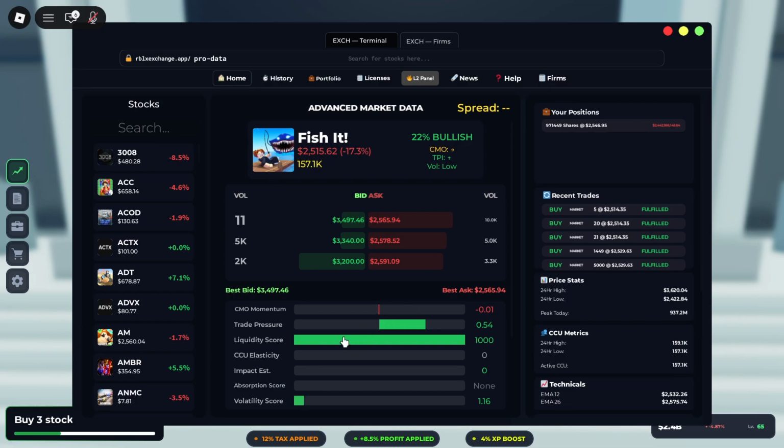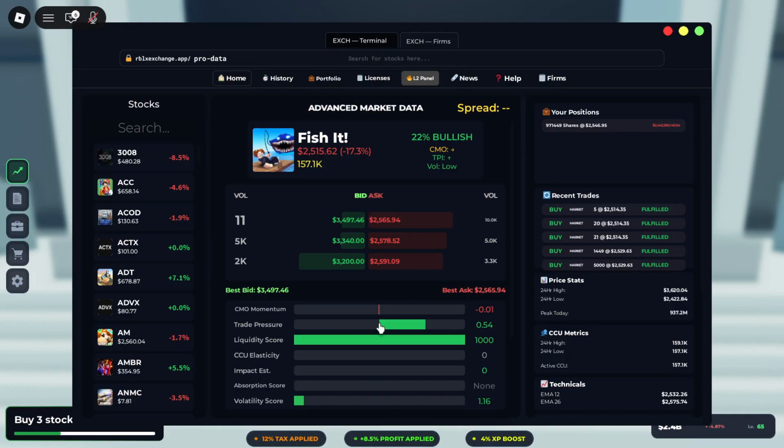If it was negative, that shows that players are selling this stock and it's most likely to go down. If people were buying, it's most likely to go up. And if it's zero, it's a balance between buying and selling, and it's simple.